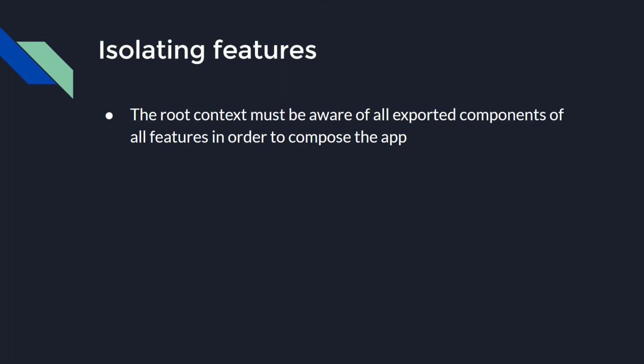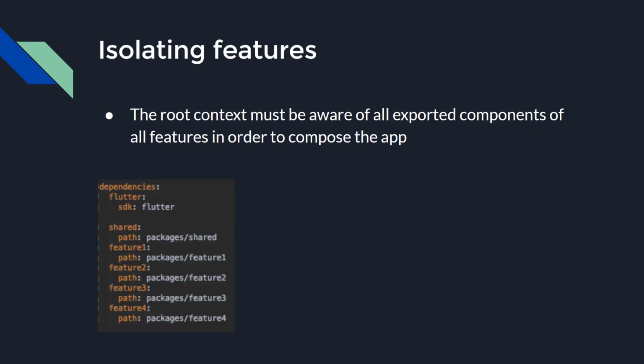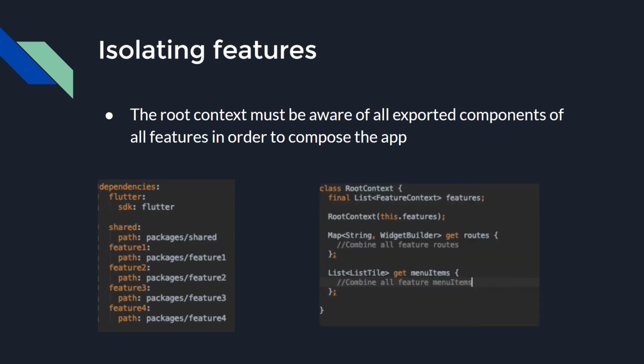So the root context needs to be aware of all of the features so it can compose the application. How can we do that? Let's show that. We have the feature libraries as dependencies to the root context. And we create a new interface that has a list of features that get registered in its constructor.